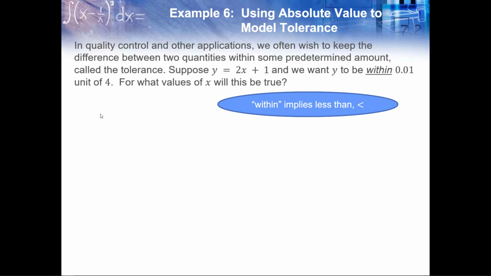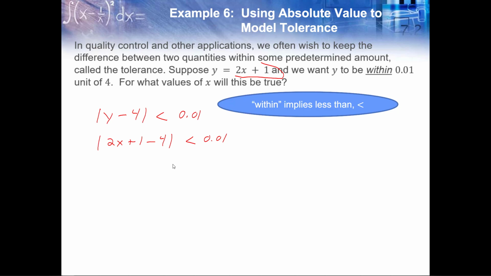So we want the distance between y and 4, y minus 4, to be strictly less than 0.01. However, this is y, so we can use this to figure out what the equivalent x should be. If that's the case, then we can substitute this in for y, and we will have that the absolute value of 2x plus 1 minus 4 must be strictly less than 0.01.